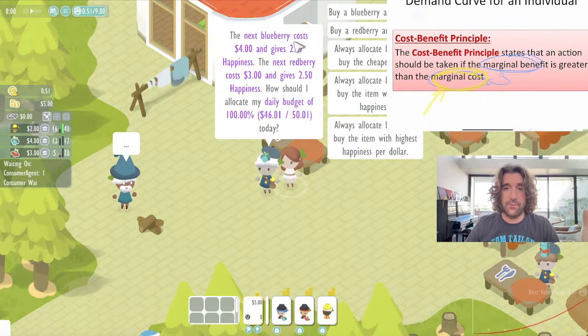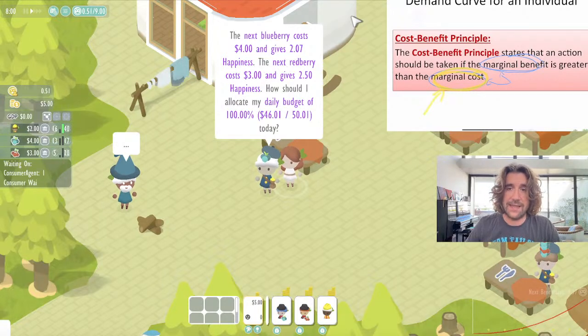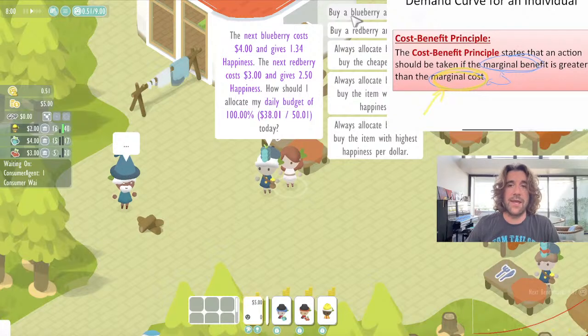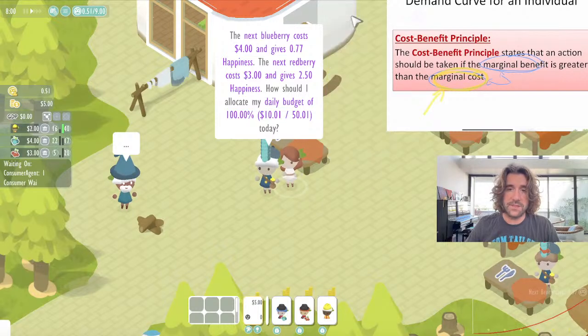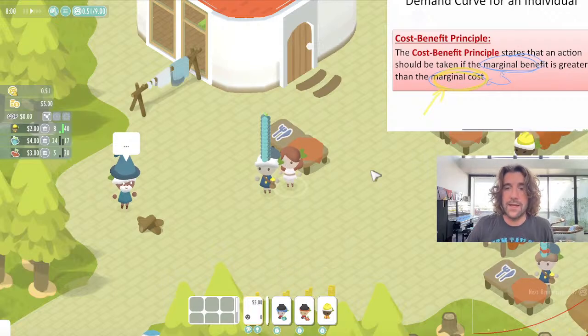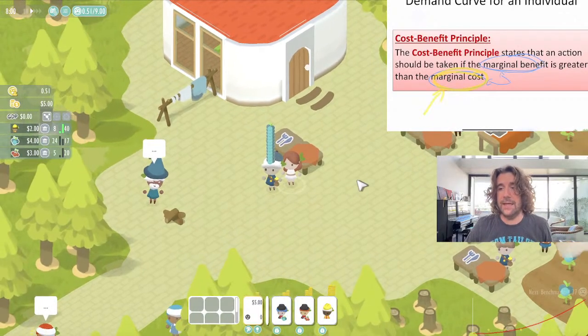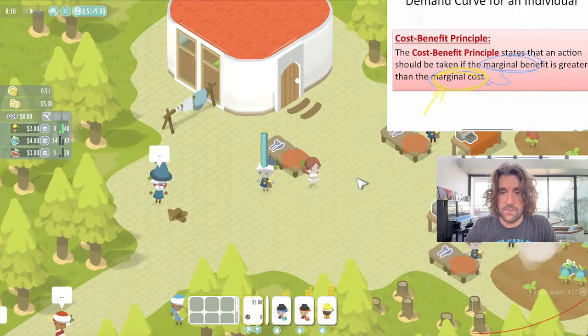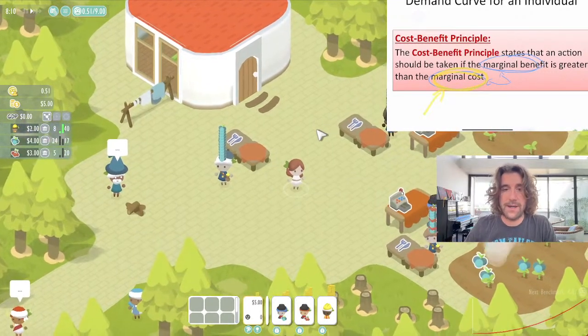Should I buy another blueberry or should I buy a red berry? And you can do this exercise again. Let's say that you pick this. I'm just picking randomly here until you assign the entire budget. So let me just do this, just deciding basically for each additional unit what to do, and then completing the market decision, spending all the budget.